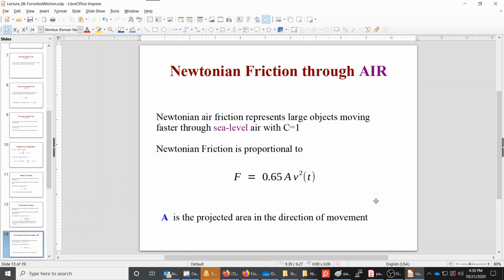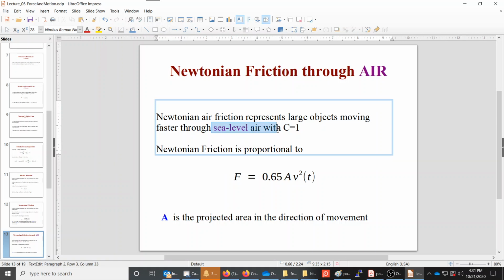All right, so if we are moving through air at sea level, okay, so in this equation, we have that the force is 0.65 times the area times the velocity squared. This is for movement at sea level.